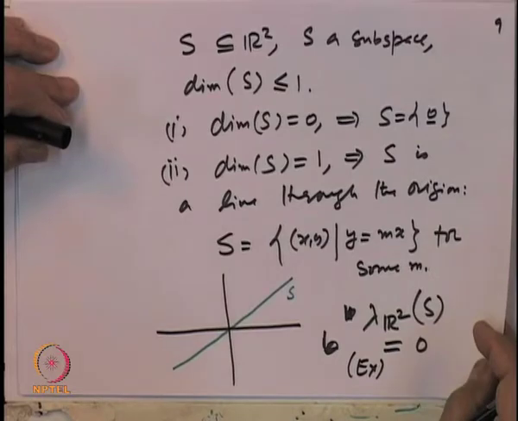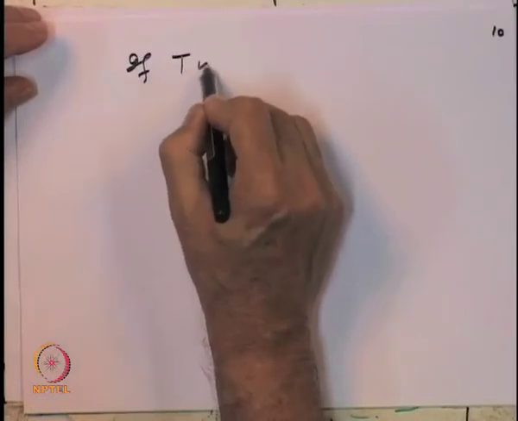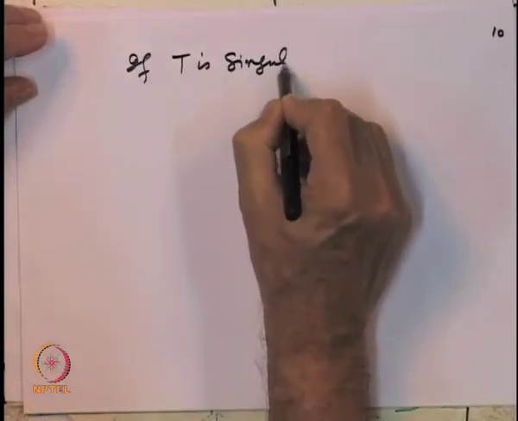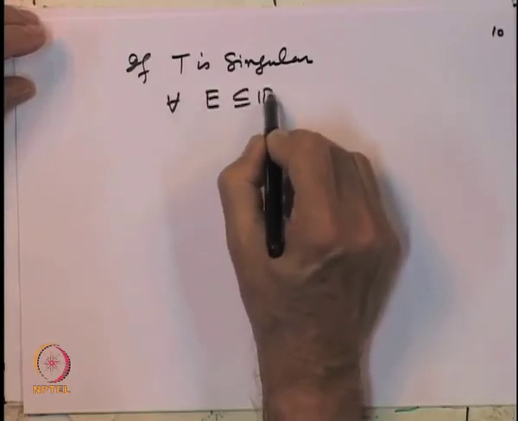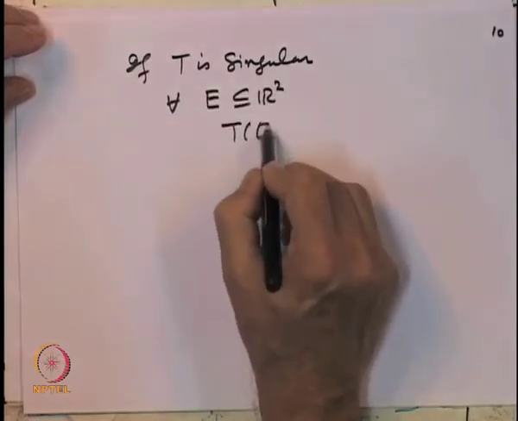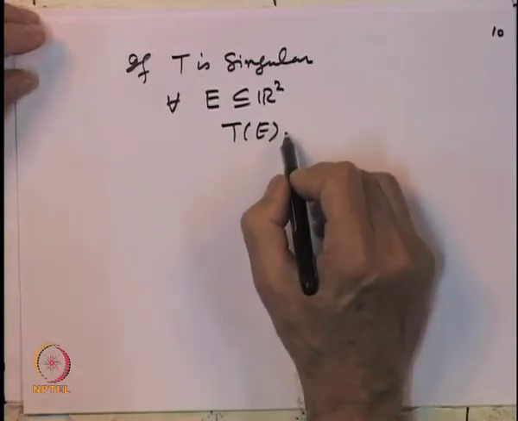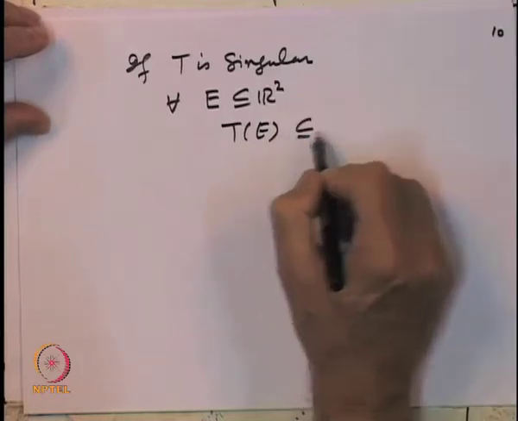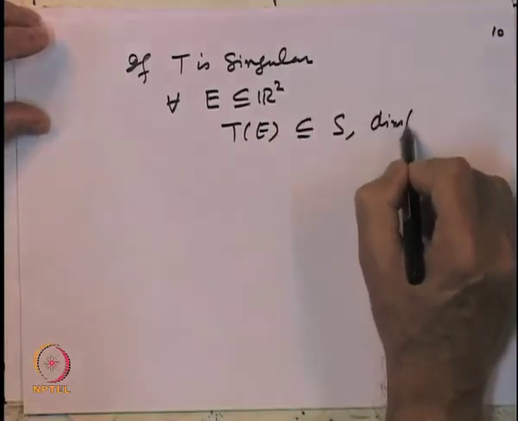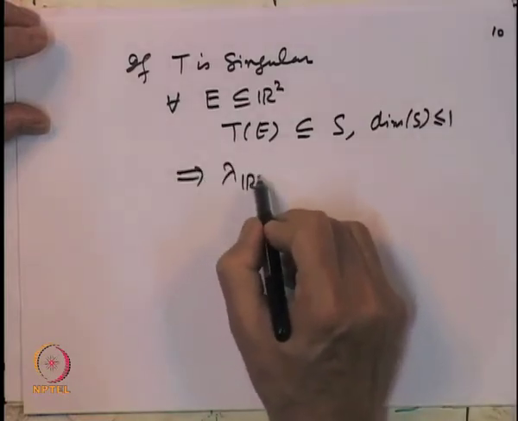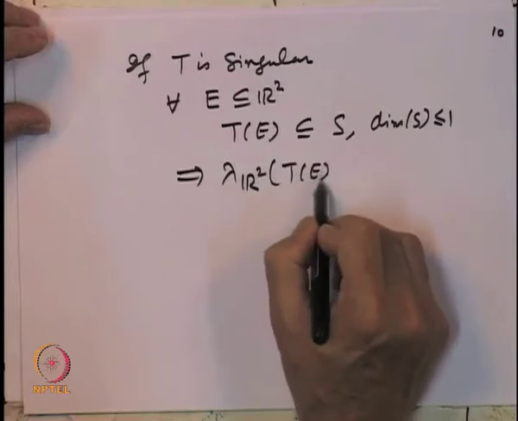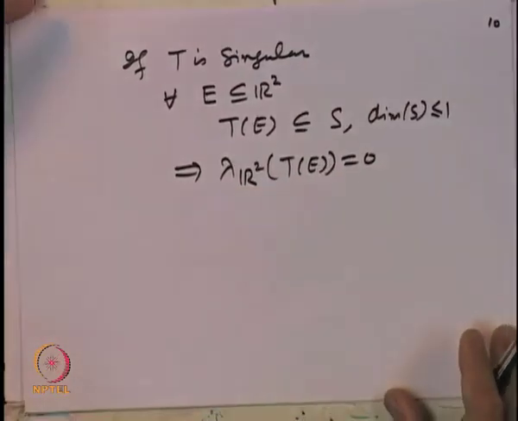Let us use these facts. If T is singular, then for every subset E contained in R^2, T(E) is going to be a subset of S, with dimension of S less than or equal to 1, which implies that the Lebesgue measure of T(E) is going to be equal to 0.